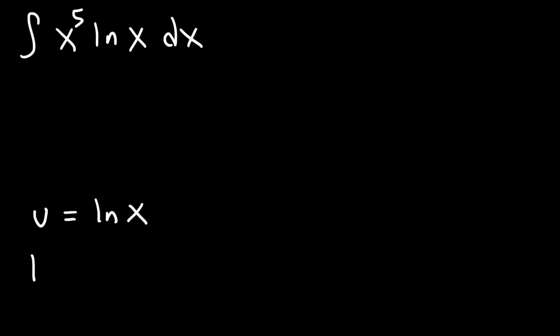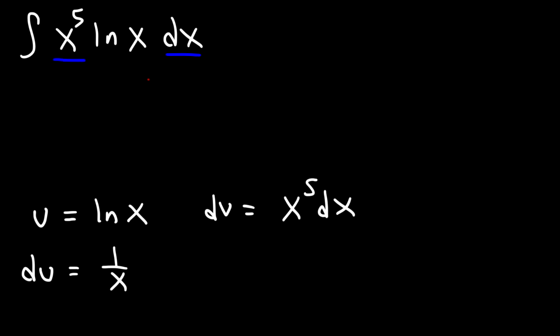So it's easier to find the derivative of ln x, which is 1 over x. So that means that dv has to be x to the fifth times dx, since u is ln x. Now v, that's going to be the integral of dv. So the antiderivative of x to the fifth is going to be x to the sixth divided by 6, or 1 over 6 times x to the sixth.